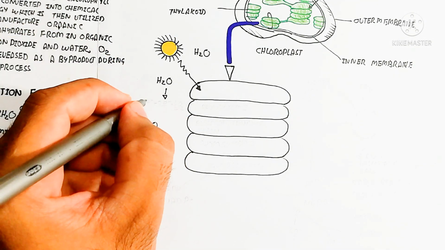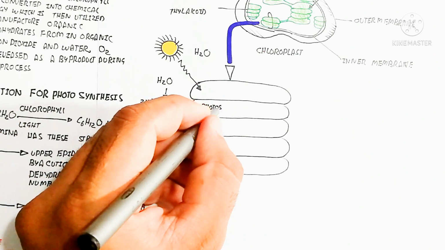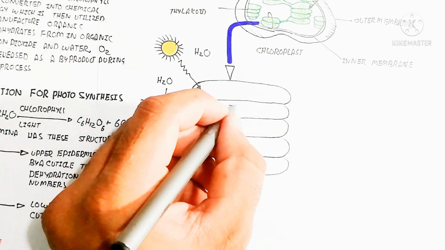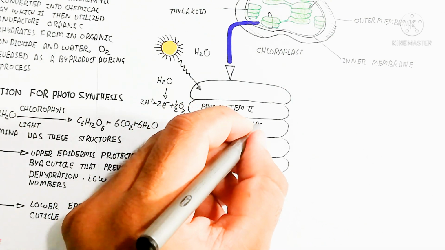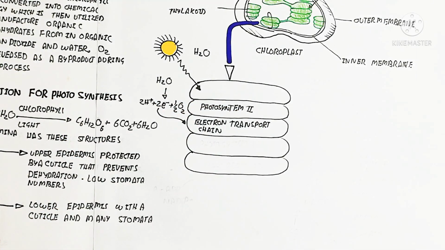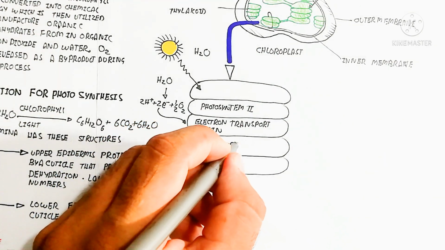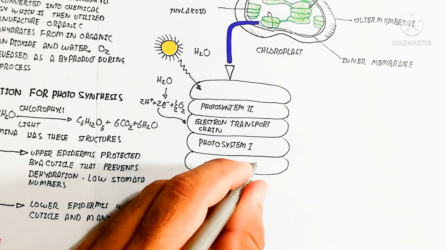When light falls on the thylakoid membrane and water is absorbed, this water is converted into electrons and protons as well as half an oxygen molecule. So two water molecules release one molecule of oxygen, while the electron goes into the electron transport chain via photosystem 2.